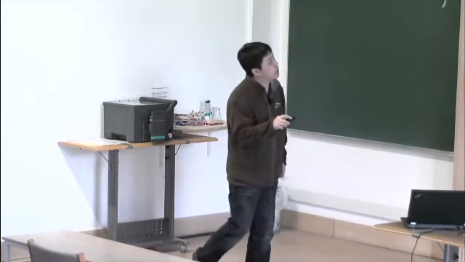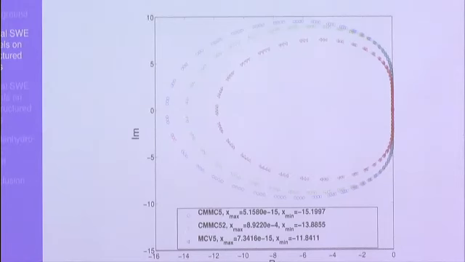If we look at this figure, this green rectangle denotes the eigenvalues of CMMC52, which means equidistantly defined. The eigenvalues are closer to the imaginary axis, so maybe the CMMC52 scheme has better numerical properties.